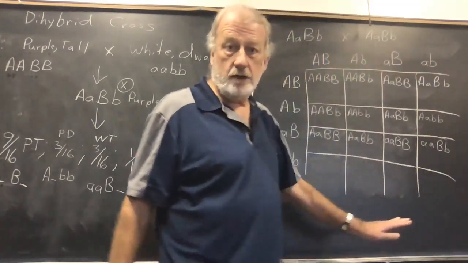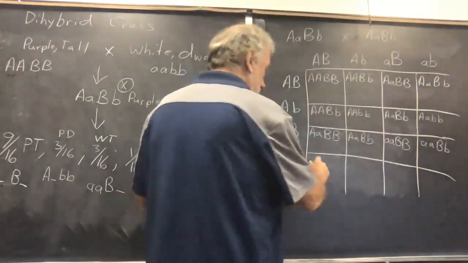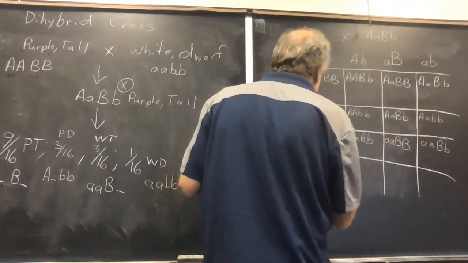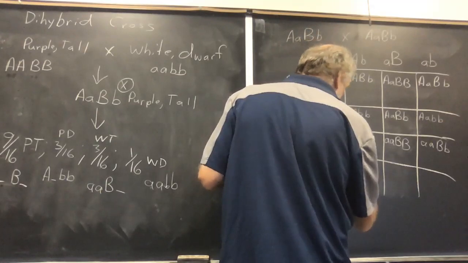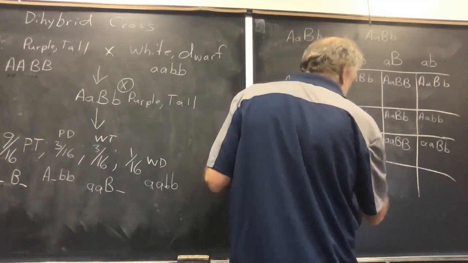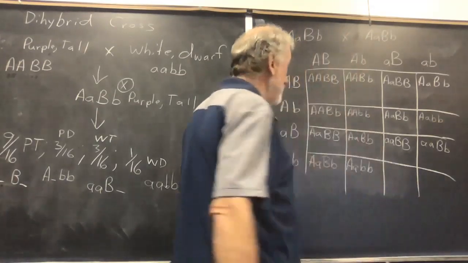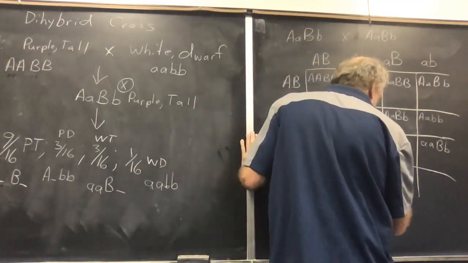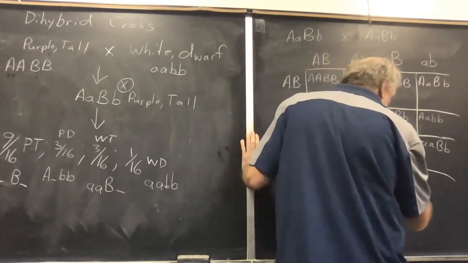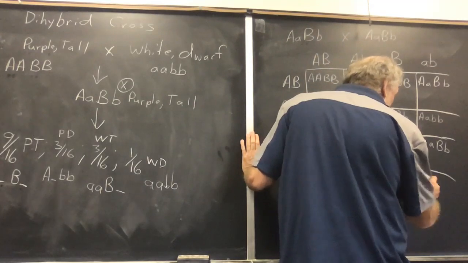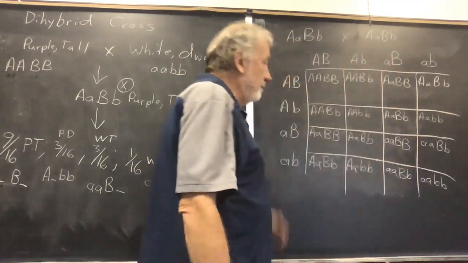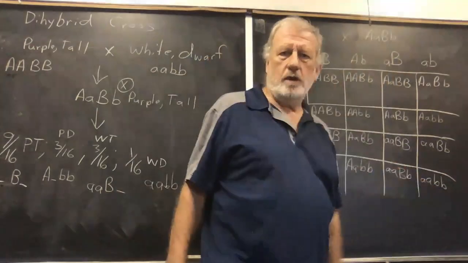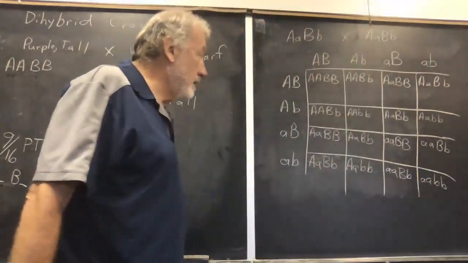Now we just have the last row to do. Little a, B, little b, little a, little b, little b, little a, little a, b, little b, little a, b, little b. So on the lower right, this one is the double recessive.